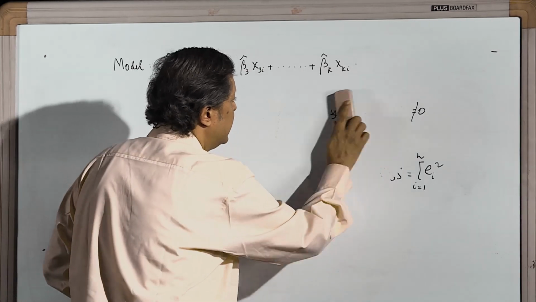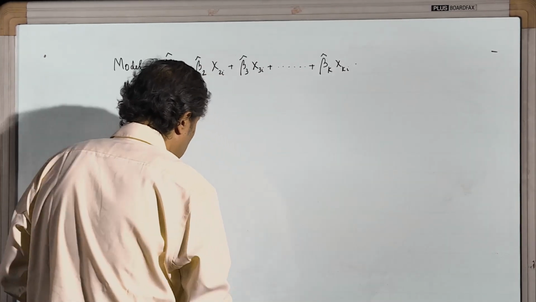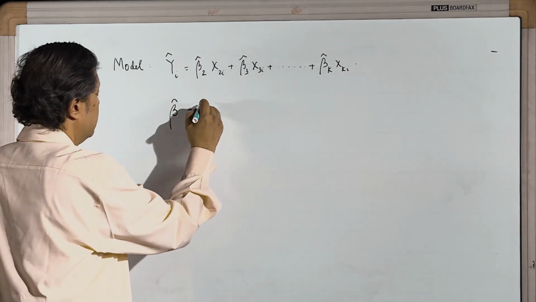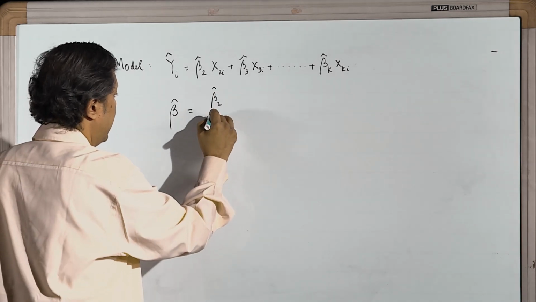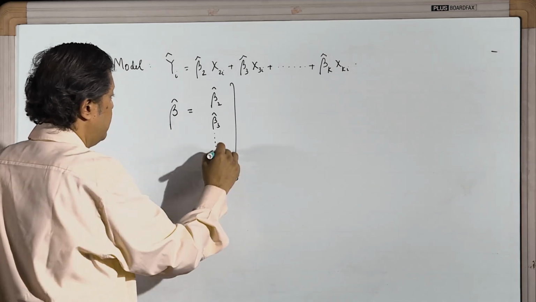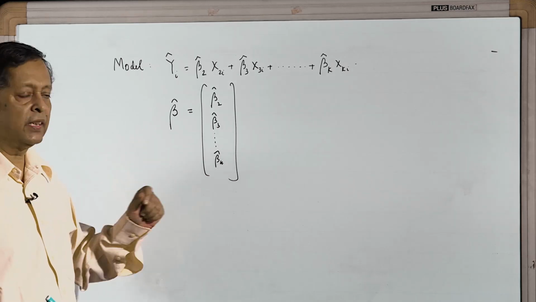the sampling distribution of beta hat as follows. So, beta hat in the first place is now given by beta 2 hat, beta 3 hat up to beta k hat, because beta 1 itself is absent from the model.